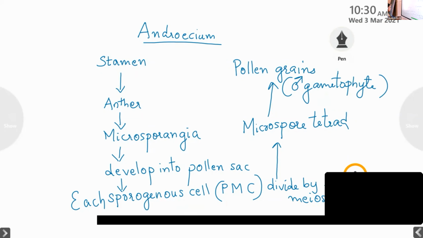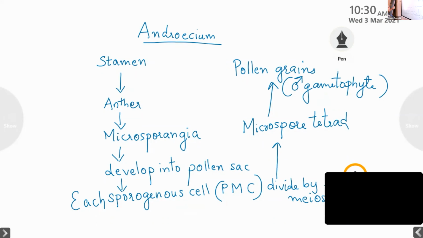Clear? So these are the different stages in the formation of pollen grain. Androecium consists of a whorl of stamens, and a stamen has two parts, anther and filament. Inside each anther, we have four microsporangia at the four corners, and these gradually develop into pollen sacs. At the center of each microsporangium, you have compactly arranged homogeneous cells, and this group of cells is the sporogenous tissue.